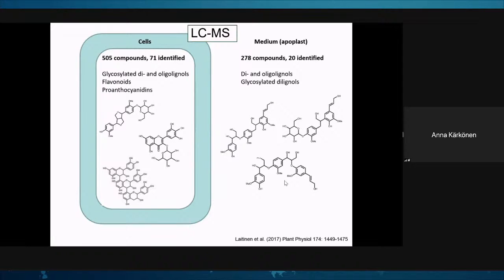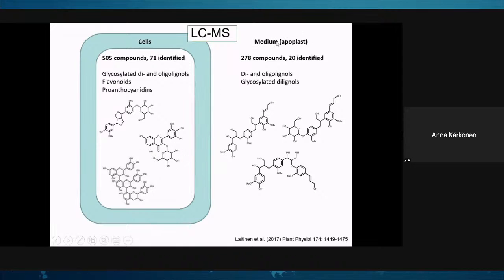So the identification is really difficult, even though we collaborated with a group that has expertise and good equipment for this kind of analysis. But what we saw was that there are glycosylated di- and oligolignols inside the cells. There are flavonoids and proanthocyanidins, for example. So oxidative coupling can occur also inside the cells.